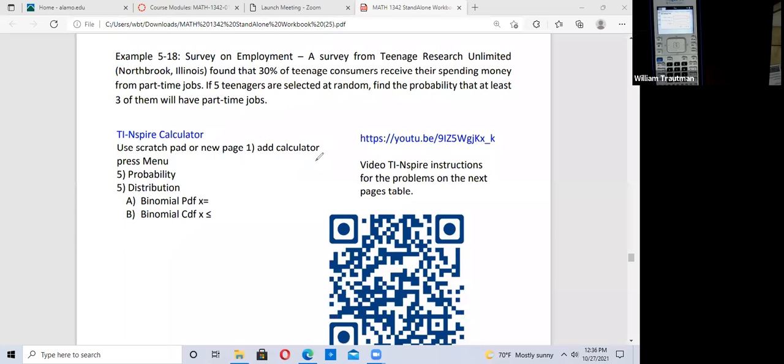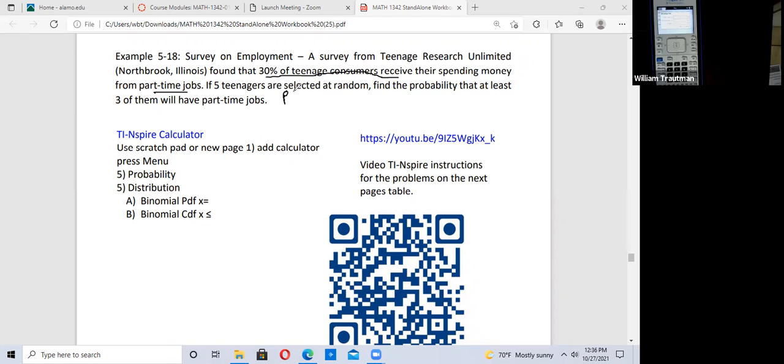All right, so let's do this problem here. It says a survey on employment found that 30% of teenage consumers receive their spending money from part-time jobs.